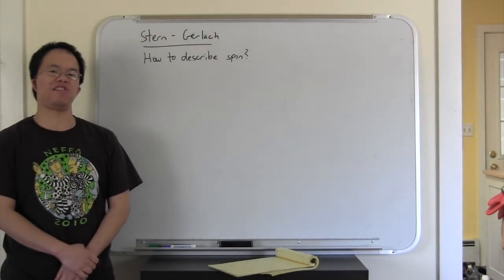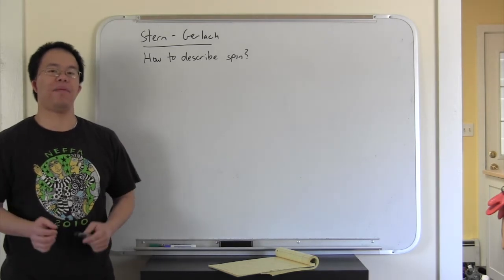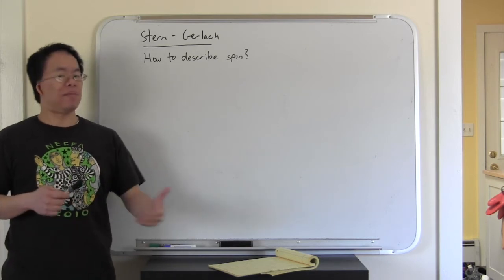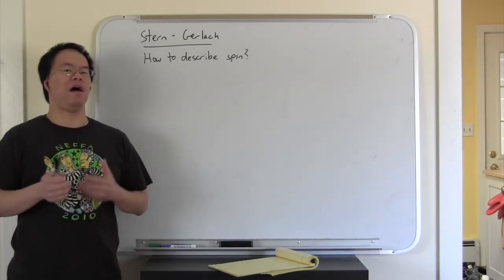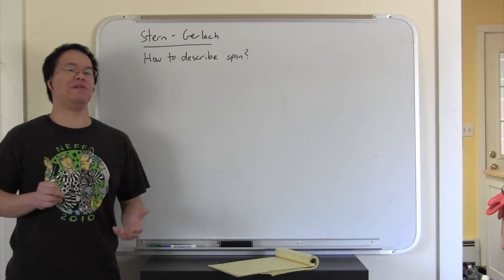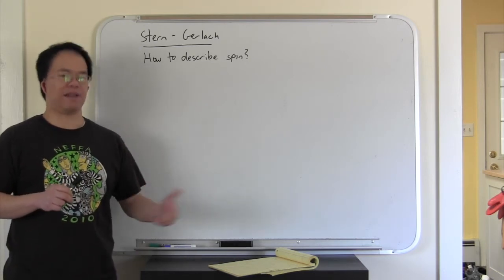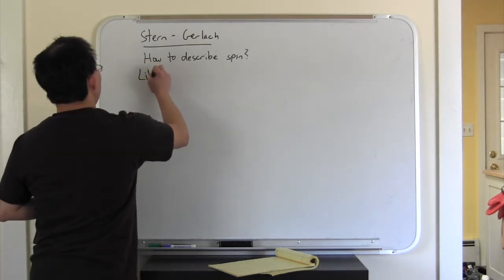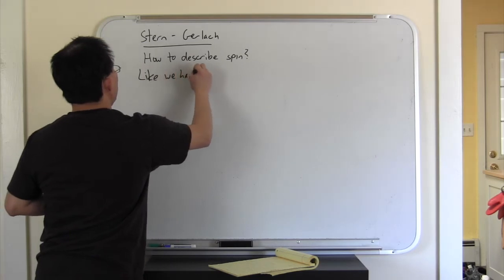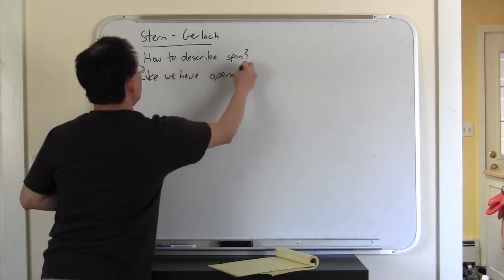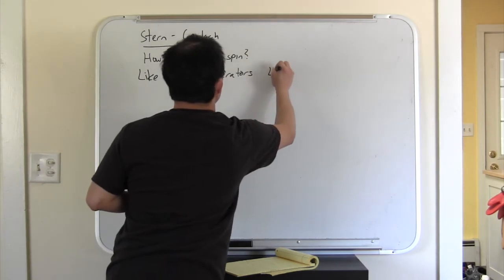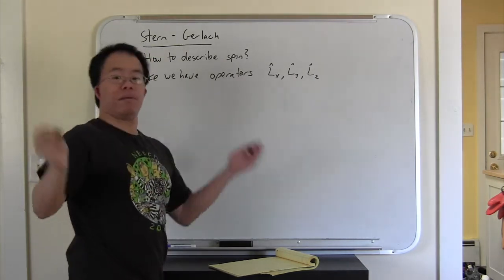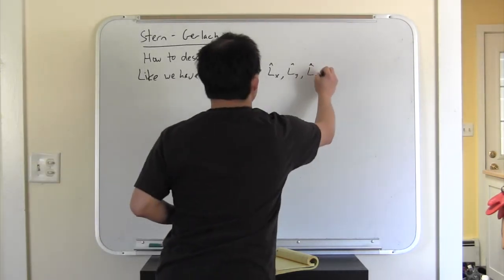We can then ask the question of how to mathematically describe the spin of the electron. Remember how I talked about last time how you can write down operators Lx, Ly, and Lz that describe the orbital angular momentum.